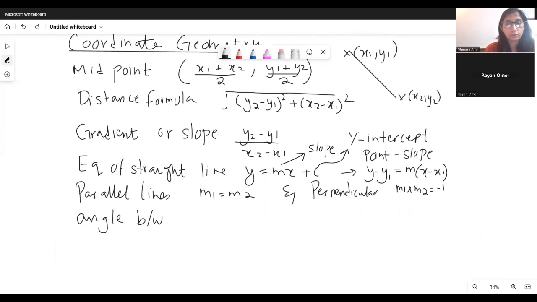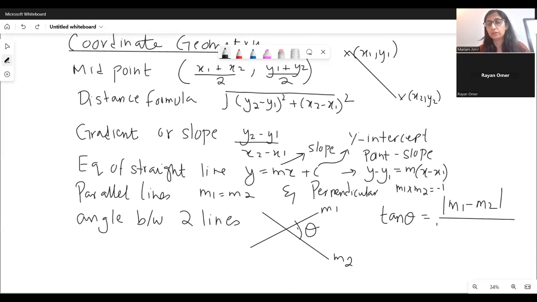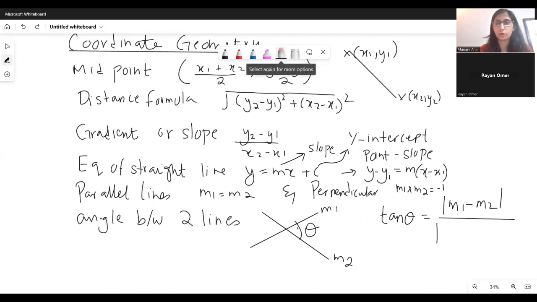If you have a line with slope m1 and another line with slope m2 and you're asked to find the angle between the two lines, then the formula is tan theta equals modulus of m1 minus m2 upon, and let's take the whole modulus.